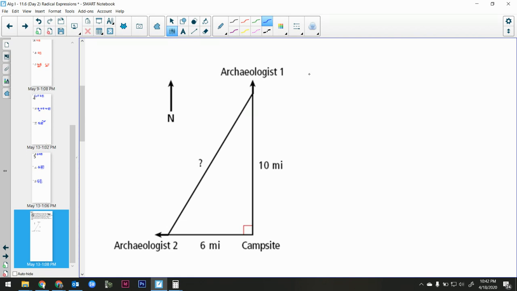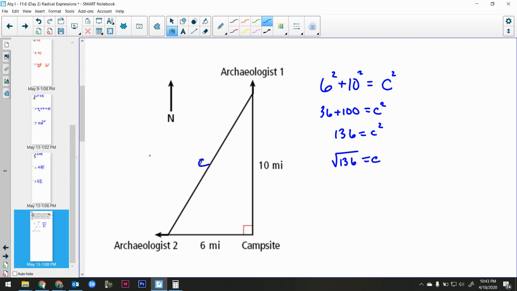We learned it in middle school. Yes, Pythagorean theorem. 6 squared plus 10 squared is equal to, we'll call it c. Call this unknown length c. 36 plus 100 is 136. Now, how do I solve for this? Square root of 136, and that's my c value.